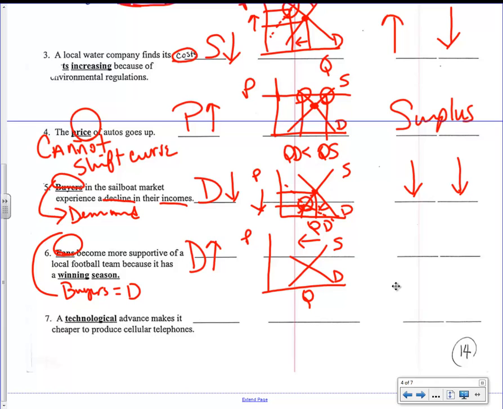So now let's take that demand curve and shift it to the right. Here was our original equilibrium. Here's our new equilibrium. Price went up. Old quantity, new quantity demanded. So therefore, price goes up, quantity demanded goes up.